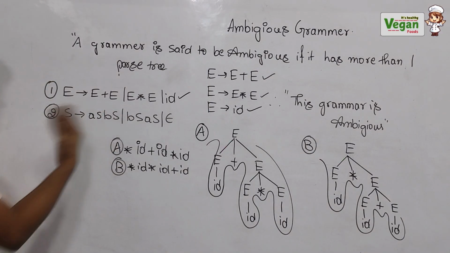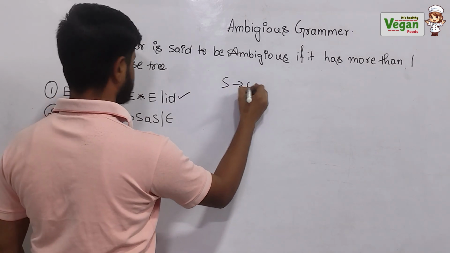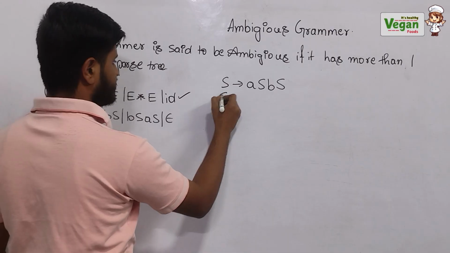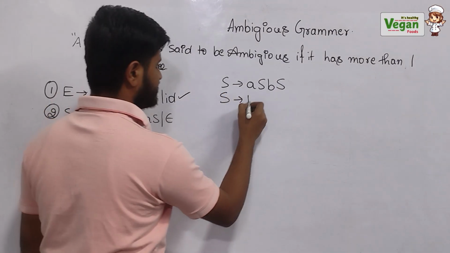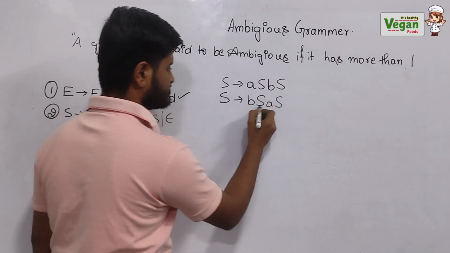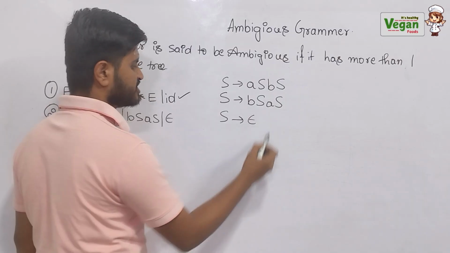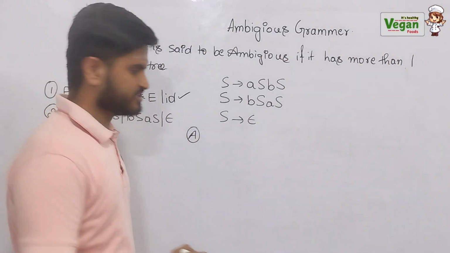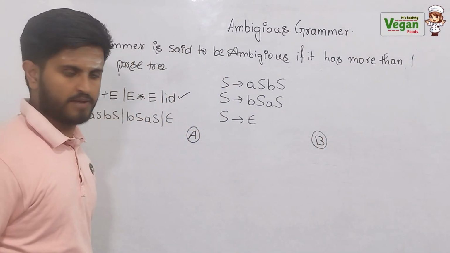Now let's move on to the second question. The second question is S producing ASBS, and S is the producer of another separate production, that is BSAS. This S is the capital letter. Next, S is producing another production, that is epsilon. Now let's construct two parse trees A and B so that we can tell it is an ambiguous grammar.